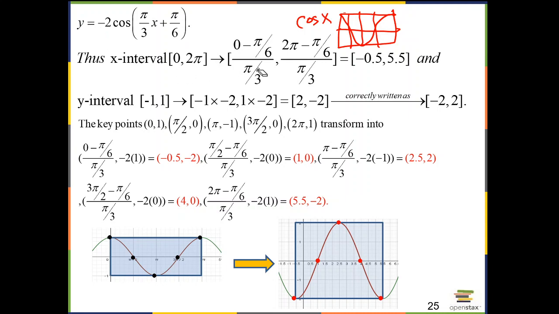But if you want to transform the points, you have to transform the original cosine. So these are 5 key points. You're going to take those and use the transformation that we just talked about to transform the x and the y coordinates. The points are these points, and they're going to transform to these points. These 5 new points, you graph, and you have a graph.